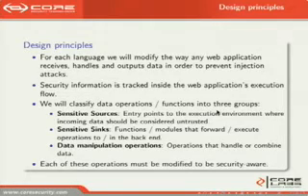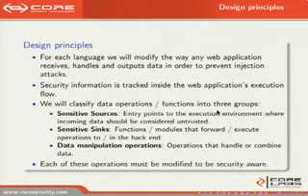The first one are sensitive sources, which are the functions or the places where data is entered to the web application and should be considered untrusted because they form attack vectors to our web application. We also define sensitive sinks, which are functions or modules where we have to check the data we are supplying them in order to execute some operations.